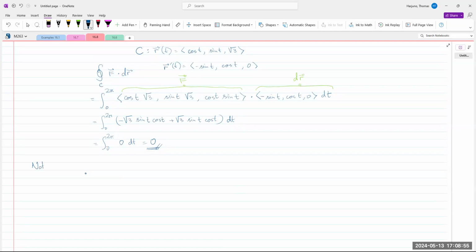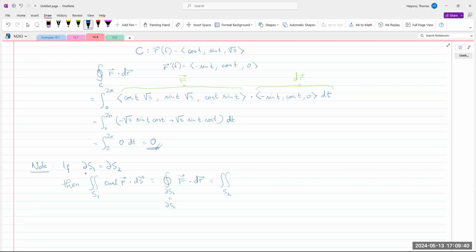Note, if the boundary of surface 1 equals the boundary of surface 2, and all the requirements for Stokes' theorem are satisfied, then the double integral over surface 1 of curl of vector field F dot oriented S equals the integral over the closed curve, the boundary of S1, which is also the boundary of S2, of F dot dr, which equals the double integral over surface 2.